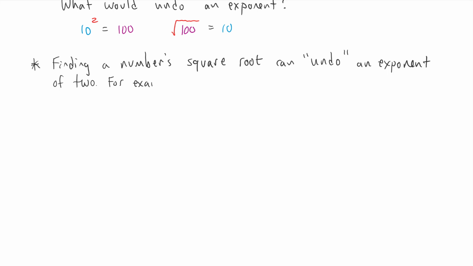So for example, let's say you've got 3 and you square it. Well, we know that 3 squared is 9. Again, what if you have this 9, you're like, oh, darn it, I don't want the 9, I want to go back to that 3 that I had. Well, you can find the positive square root of 9, which is 3, and get back to the 3 that you started with.